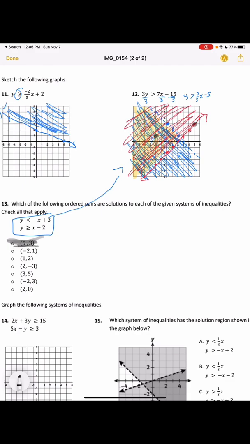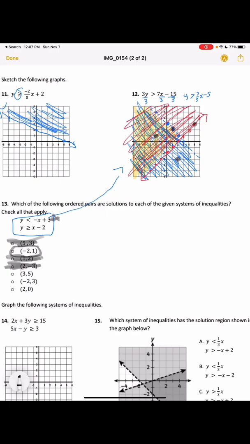That is in the solution area, so that would be a yes. The next one is (1, 2), up 1 over 2. Because that is on the dashed line, that would not be included. It wouldn't work for this equation right here. So now we check (2, -3). That one is only going to work for one of them, not both of them.